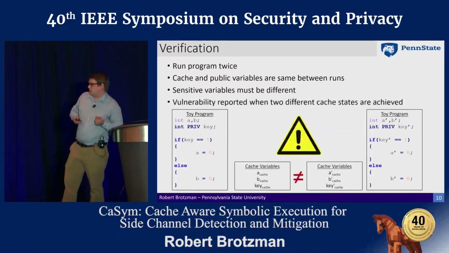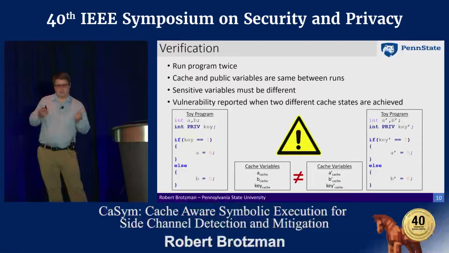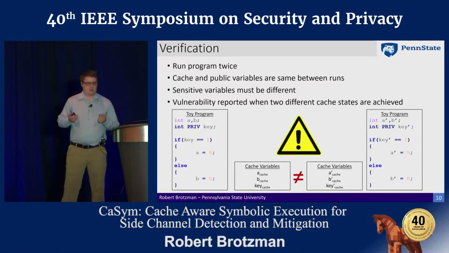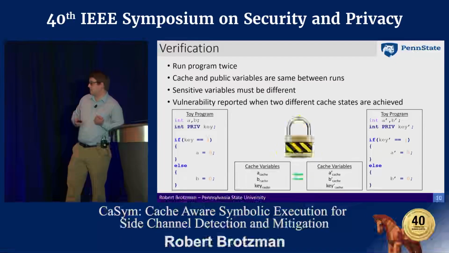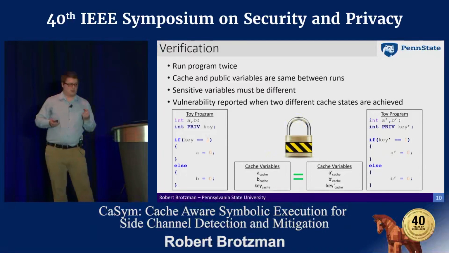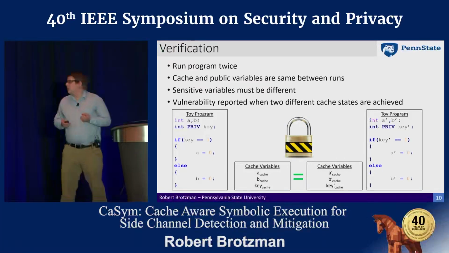What we want to see is, at the end, are there two different possible cache states that these sensitive data can cause. In the event that the cache variables are not equal, that means the cache states are different, and we'll report a side channel. If they're always equal for any two possible key pairs, that means there's no information flowing from the sensitive input into the final observable cache state.